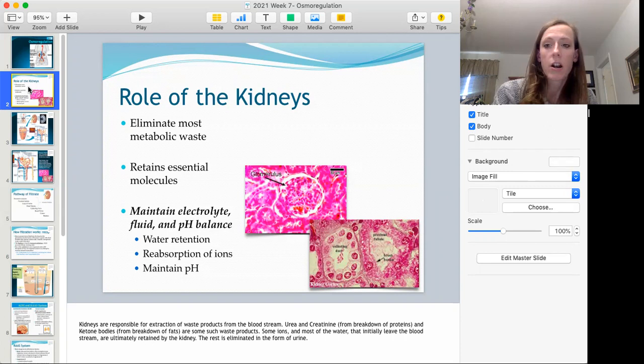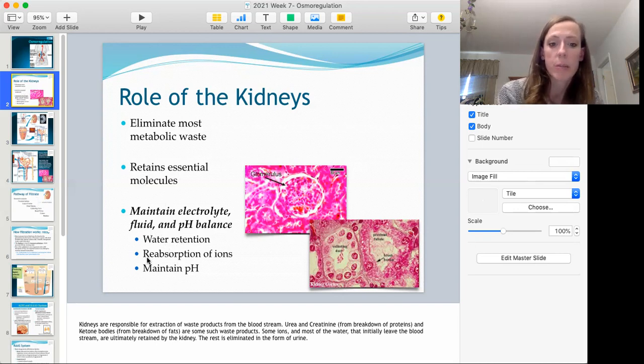So when our kidneys are filtering our blood, okay, the blood's going to be pushed out into the kidneys. A lot of fluid, a lot of water is initially processed, but then taken back up by the body. Okay, so water retention is a huge part of what happens in the kidneys.